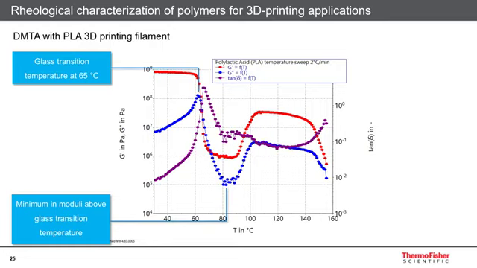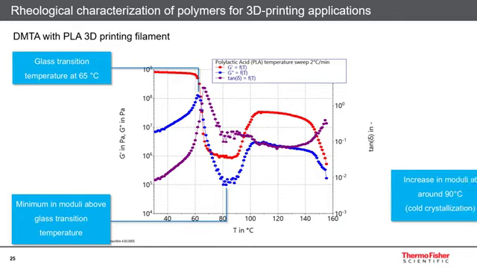And now the surprising part happens. At temperatures between 90 and 100 degrees centigrade, the values for both moduli started to increase again rapidly before reaching another plateau region. At temperatures above 140 degrees centigrade, the sample started to melt and both values were decreasing again.